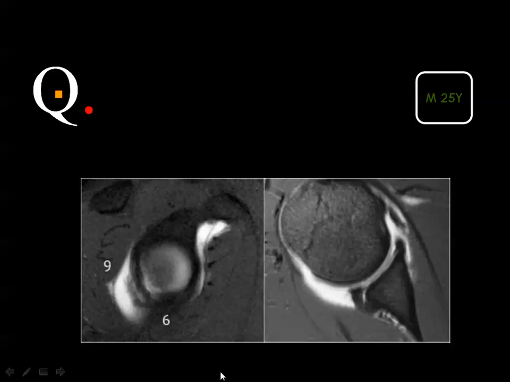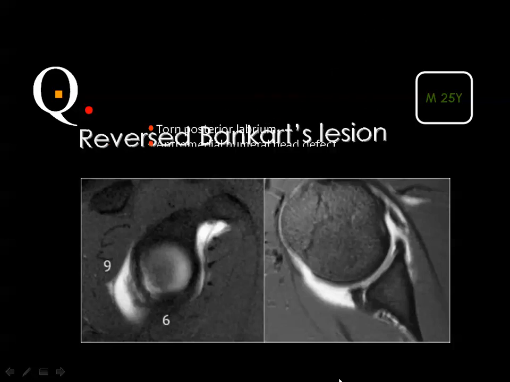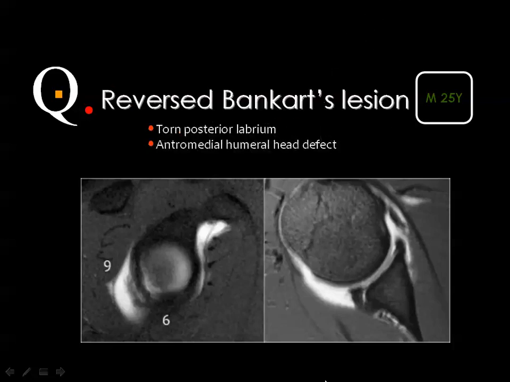Adhesive capsulitis because of the thickening of the inferior glenohumeral ligament. Yes, and there is tear of the posterior labrum compared to the anterior labrum, which is intact. And this is the middle glenohumeral ligament, and this is the subscapularis tendon without the infraspinatus tendon. The posterior labrum is torn, and this is known as the reverse Bankart lesion.